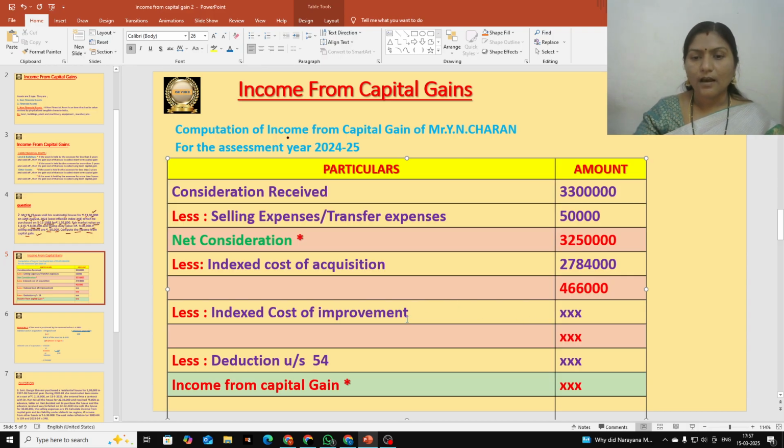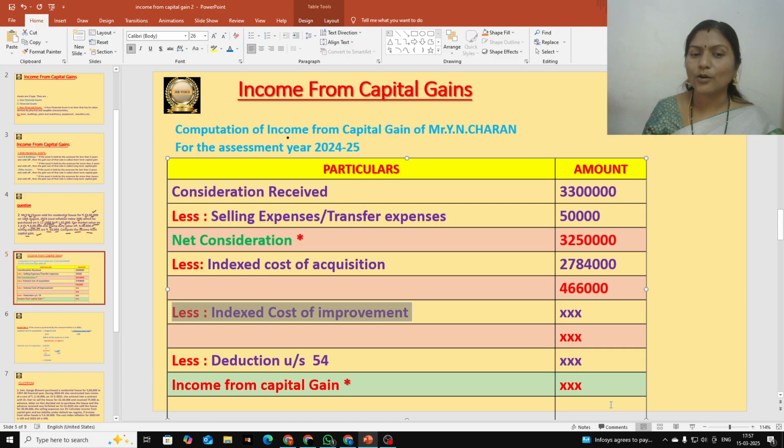Next, after this we should deduct indexed cost of improvement. When we deduct indexed cost of improvement, if any additions are made to the asset, our asset is a residential house. If suppose the assessee is constructing any one room or any one floor, then we are going to treat it as improvement. Then we will calculate indexed cost of improvement. In this problem, there is no discussion like that in the question.